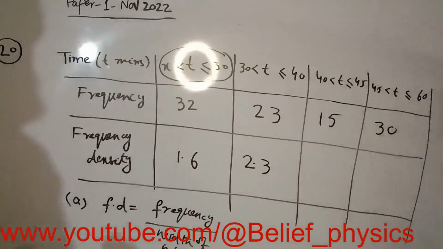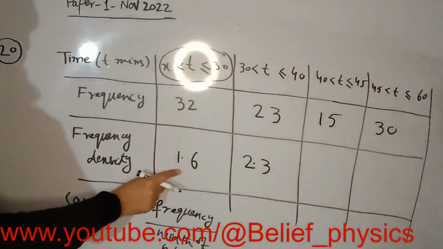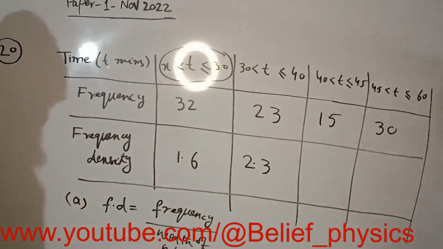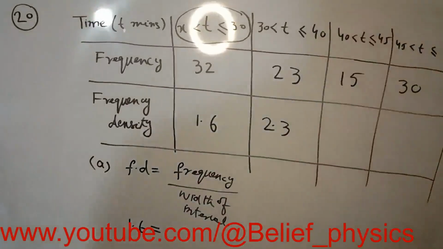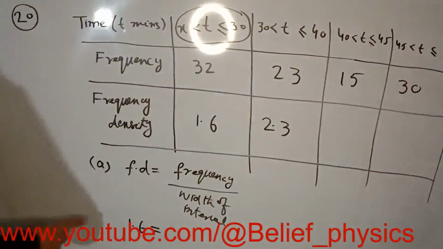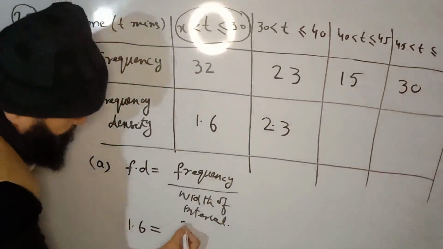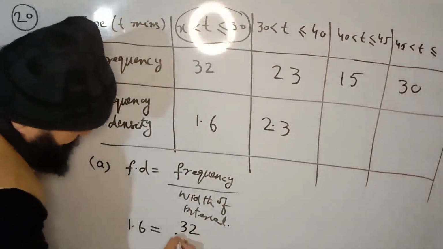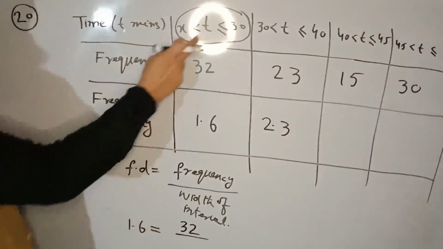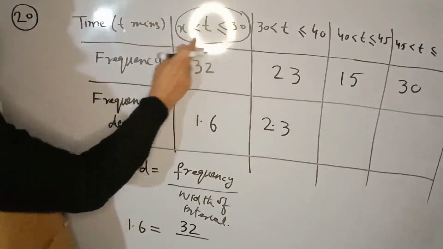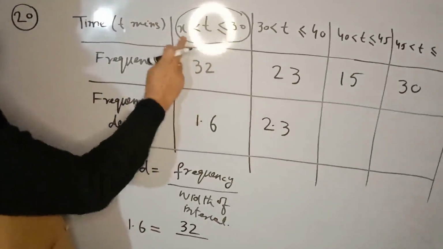So here frequency density is 1.6. So 1.6 should be equal to frequency, 32, over the interval's length. Interval's length is final minus initial. Final is 30, initial is x.